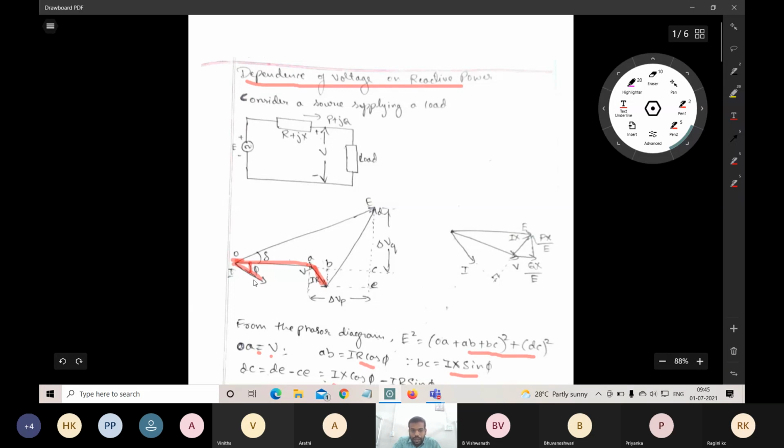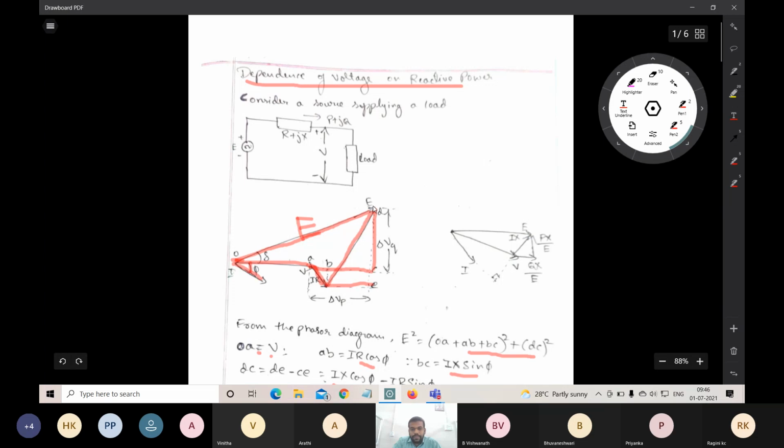This is the current I, this is the V. This is a voltage drop, parallel to the same line. Draw the perpendicular line at 90 degrees and connect these two points. This gives you E, the supply voltage. Extend these two points, and this gives you the right angle triangle.